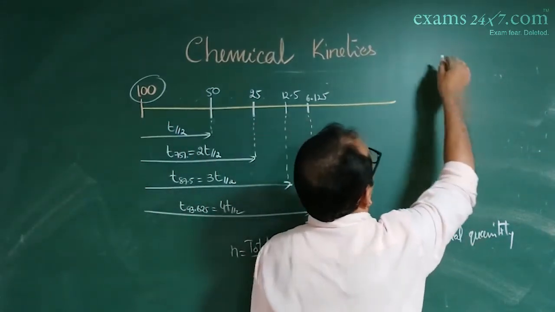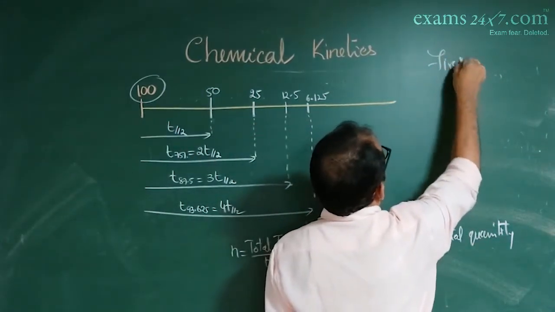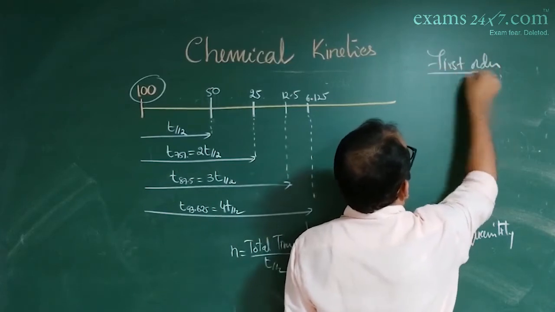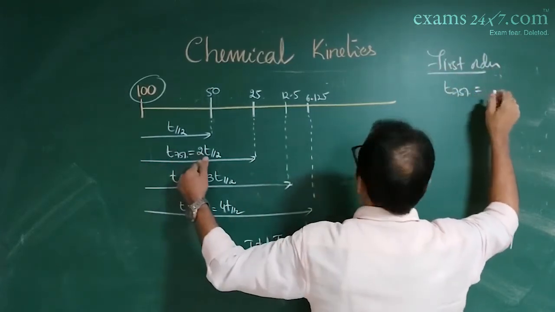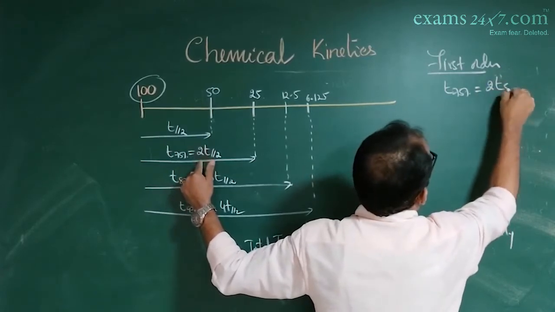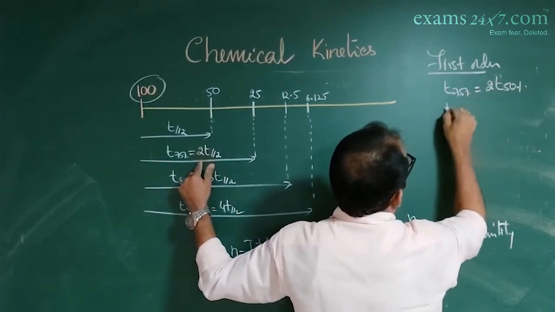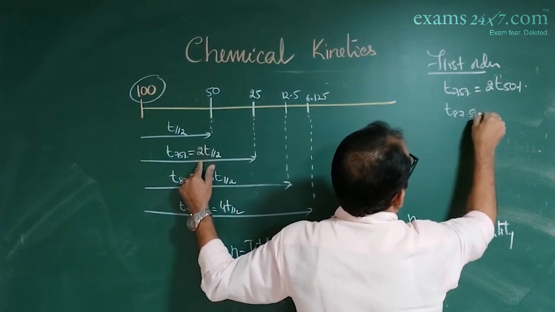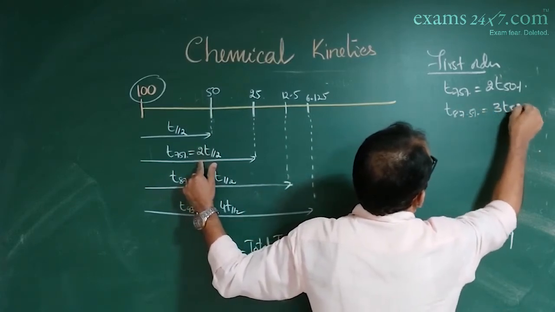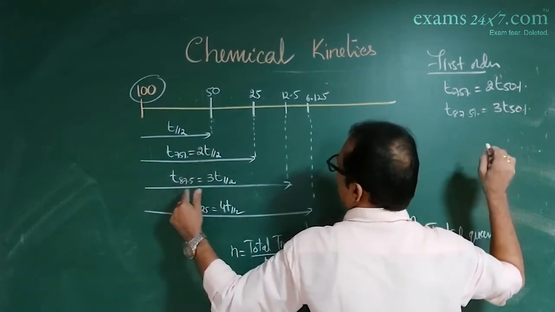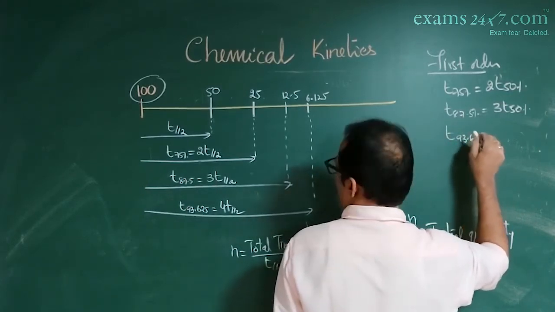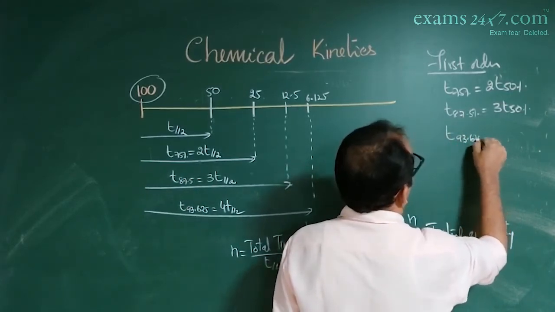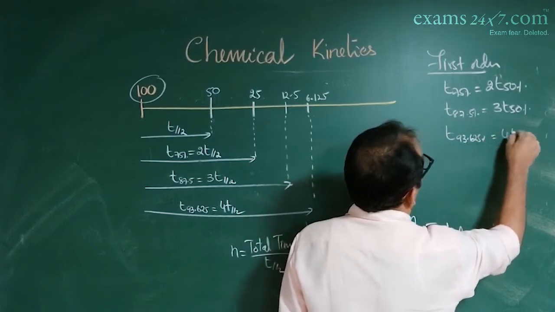Some of the relationships for first order only. First order. T 75% is equal to 2 into T 50%, T 87.5% is 3 into T 50%, then T 93.625%, that is 4 half-lives.